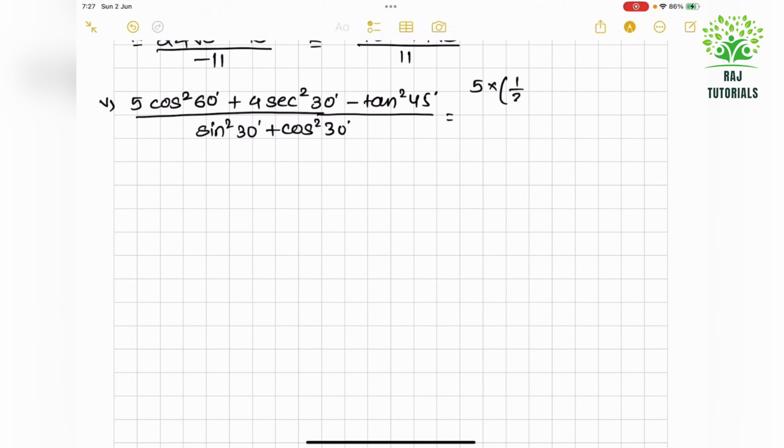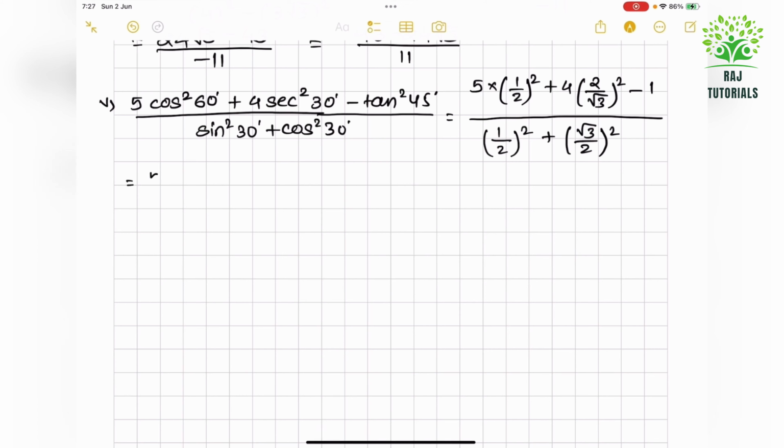So this will be nothing but 5 into 1 by 2 whole square plus 4 into 2 by root 3 whole square minus 1 upon 1 by 2 whole square plus root 3 by 2 whole square. So that will be 5 upon 4 plus 4 into 4 by 3 minus 1 whole upon 1 by 4 plus 3 by 4.